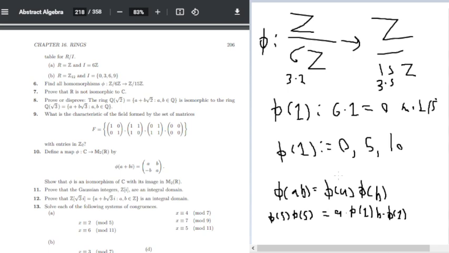It's not divisible by 6. So we know that phi of 3 times phi of 5 will be equal to 3 times 5 times something, which will be equal to 0, is mapped to 0. And I'm pretty sure, from the looks of it, this rule holds in all these cases for the cyclic groups. Yeah, I'm pretty sure it will just hold. So yeah, we will be able to uniquely characterize it by 0, 5, or 10 here.